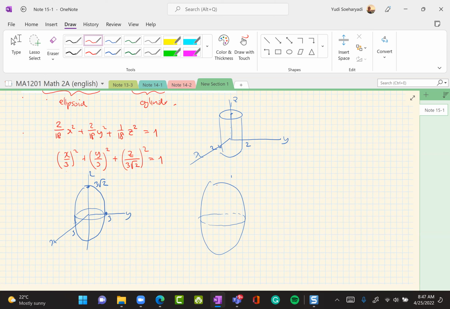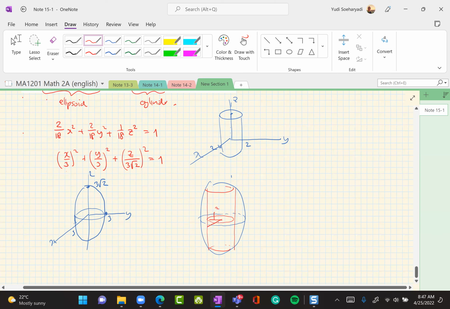The cylinder has radius 2, but the ellipsoid has radius 3.